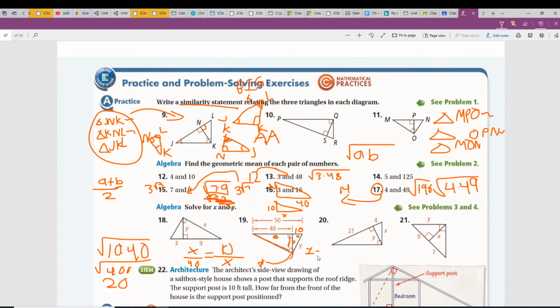So y divided by 50 will correspond to 10. The short angle would be x, and since we know x is equal to 20, we can put that there.